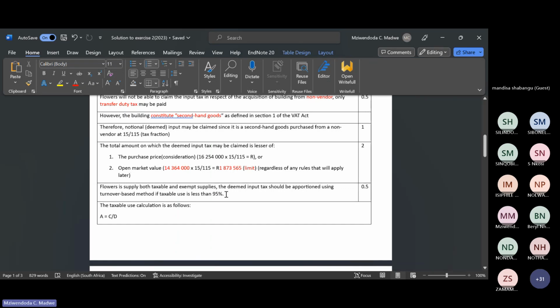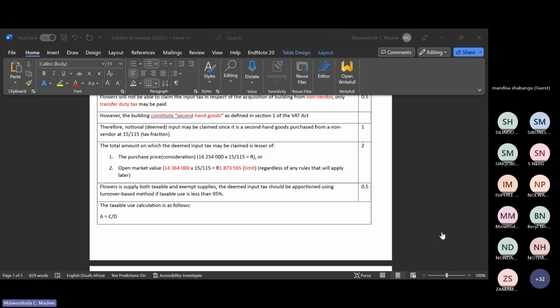Going back to your example, if you remember, they say flour is supplying both exempt supply and taxable supply. So in this business, they are supplying both exempt and taxable.